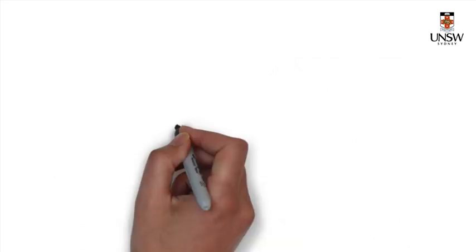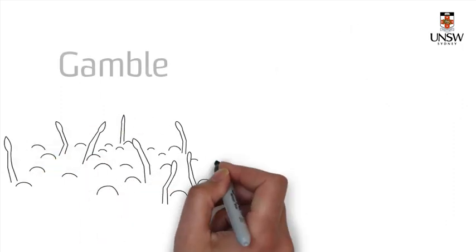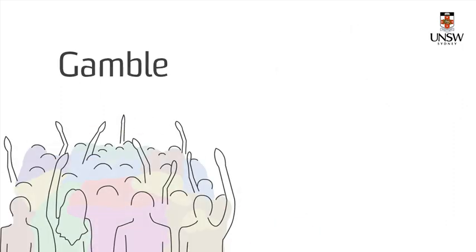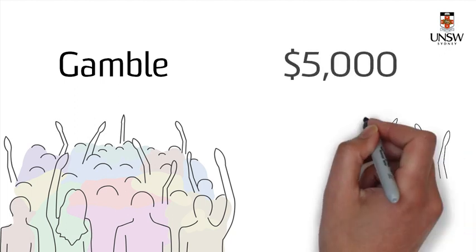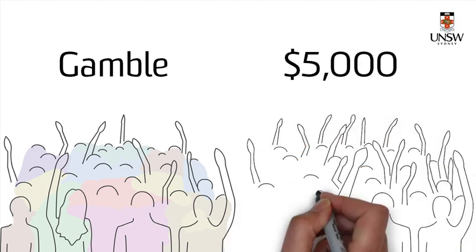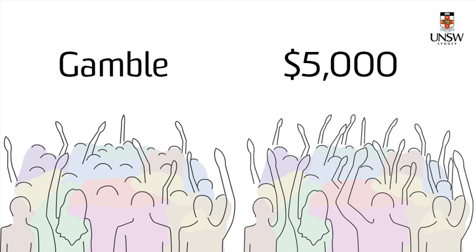Who wants to take the gamble? On average, you'll be better off, but not always. Who wants to just get the $5,000? Okay, most people seem to just want to get the $5,000.